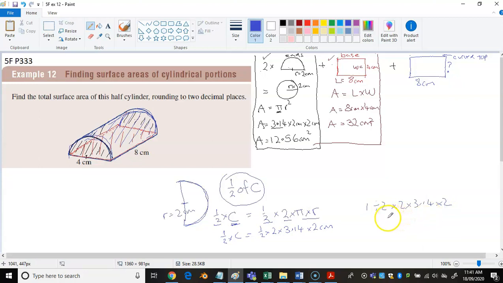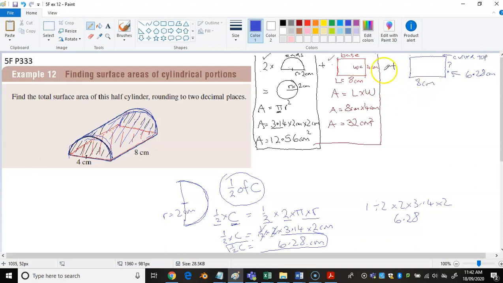And what you're going to get is 6.28. Or you can do half of 2 is 1. They cancel each other out. And then 2 times 3.14 is 6.28 centimeters. Either way, you're going to get half of the circumference equaling 6.28 centimeters. Now, the reason you wanted that was because this value here, this 6.28, that's your length there, 6.28 centimeters.